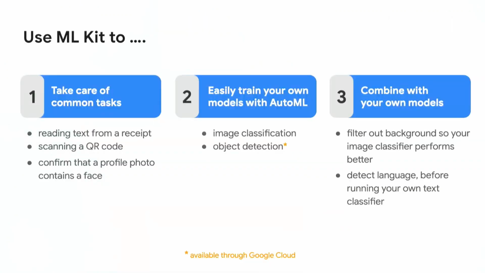Like AutoML now supports image classification as well as object detection. It requires much less data and makes it really easy to train a model. And third, please combine ML Kit with your own models. For example, to filter out the background, like I showed, and get your image classifier to perform a lot better. Or detect the language before you send the text to your own text classifier.